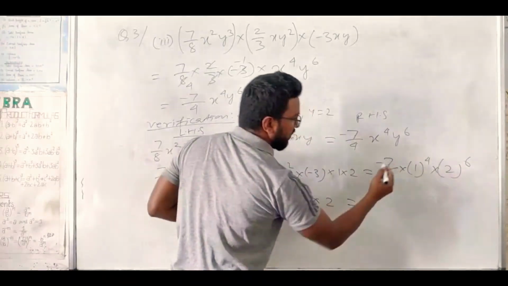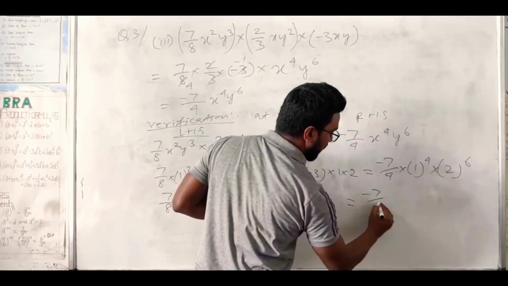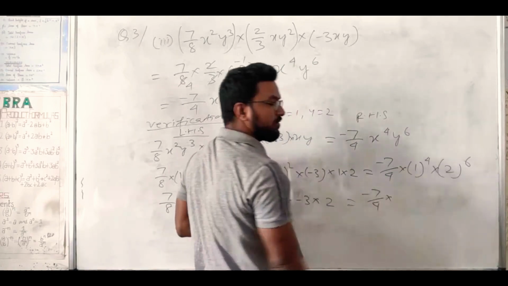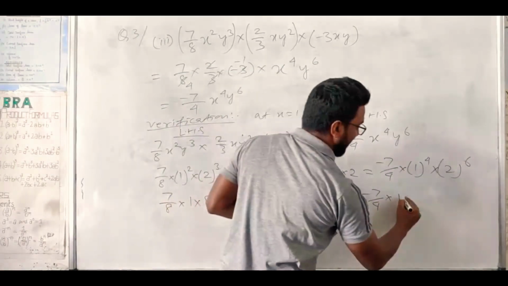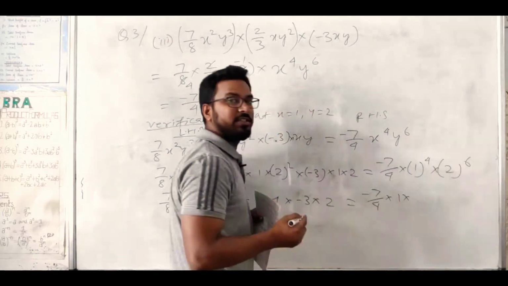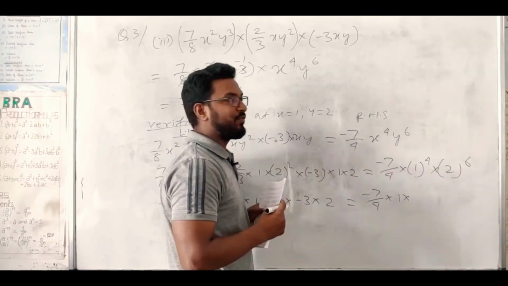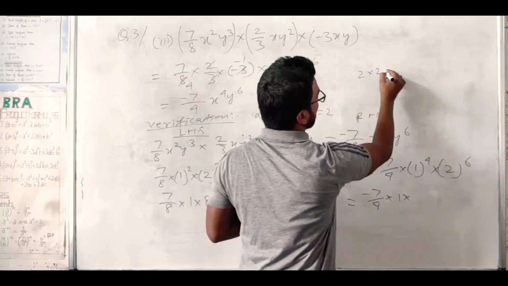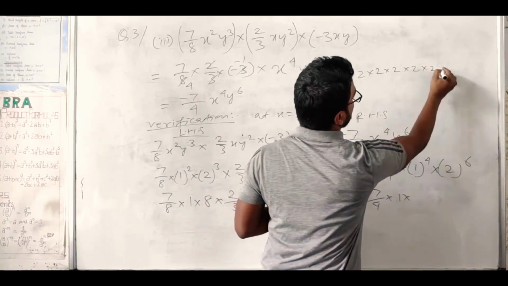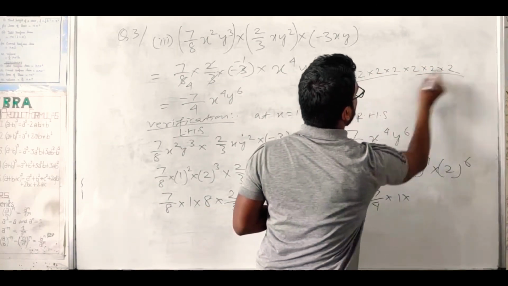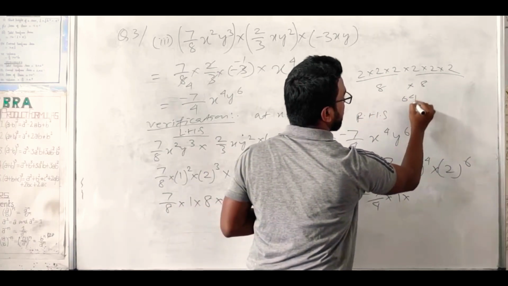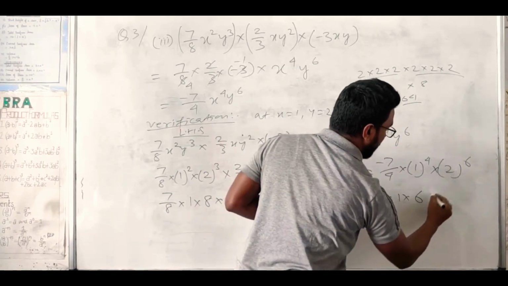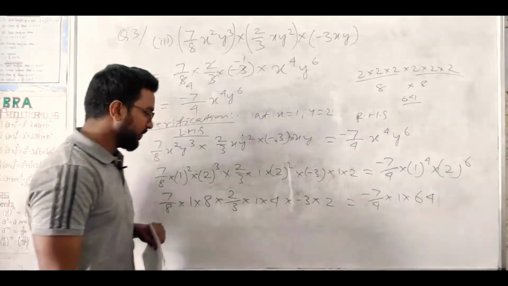And here it will be minus 7 by 4 into 1 to the power 4, it will be 1 only, into 2 to the power 6, it will be how much? It will be 64. You see here 2 into 2 into 2 into 2, 2 to the 4, 4 to the 8, here also it will be 8, 8 8s are 64. So 2 to the power 6 will be 64.